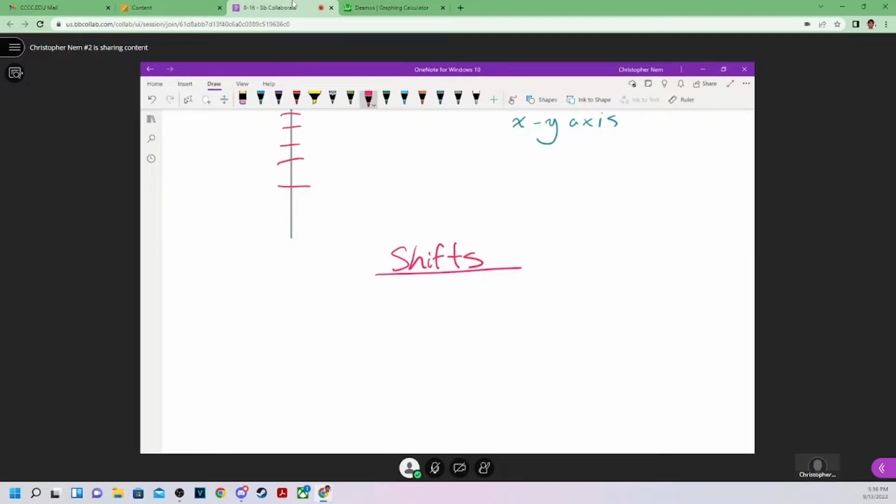When we shift our function, let's take any arbitrary function. I don't care what parent graph it is. Let's take f of x to be our function. Parent graph.